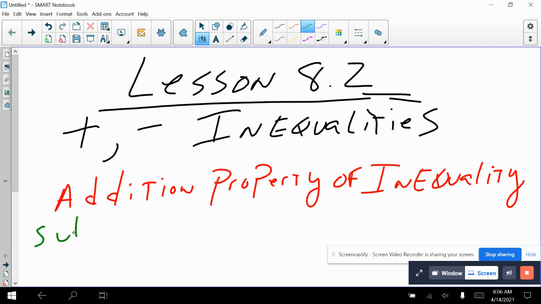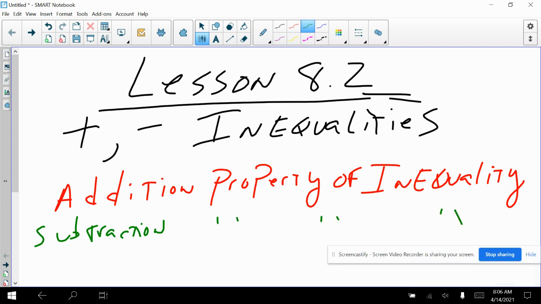And we have the subtraction property of inequality. So really everything stays the same, except the sign.